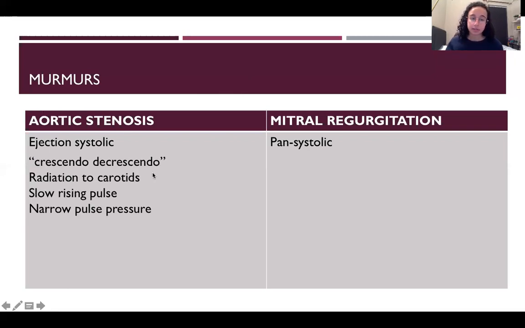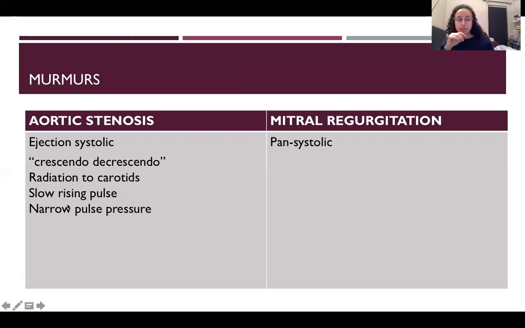Okay. So aortic stenosis is described as crescendo decrescendo. It radiates to the carotids and you get a slow rising pulse and narrow pulse pressure. So that makes sense because the aorta is where the blood comes from to go to the rest of your body. So if it's narrowed, you're going to have a pulse that reaches its full pressure of systole a lot slower.